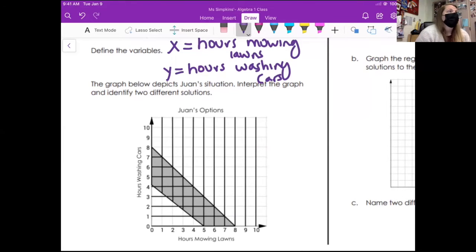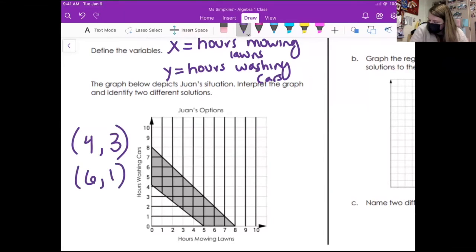4, 3. 4, 3 falls in there. So that means that he's spending 4 hours mowing lawns and 3 hours washing cars. And that is going to give him more than $50. What's another option that Juan could do? Jemiah? 6, 1.